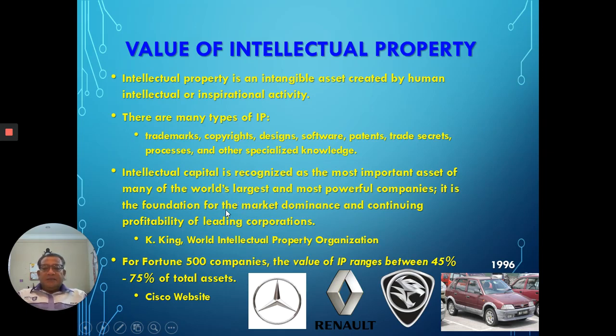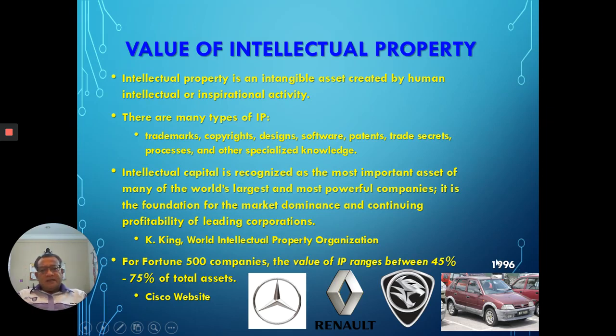Many big companies, for example those Fortune 500 firms, have an IP value ranging between 45% to 75% of the total asset, which is intellectual property in the form of patent, copyright, and design, very much valuable to international companies.